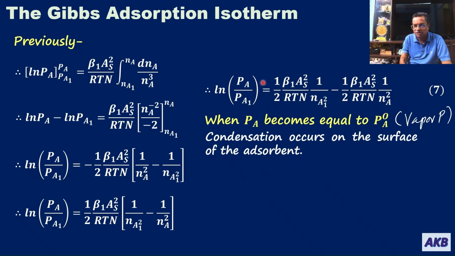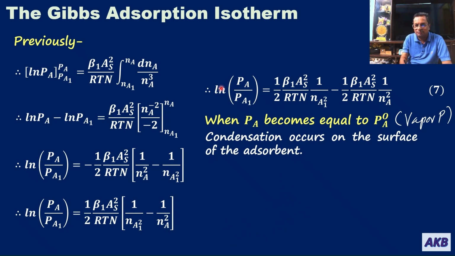In order to make the equation useful, I would like to have Pa naught in equation number 7. So in order to get Pa naught in equation number 7, what will I do? I will add one term on each side. What is that term? ln of Pa by Pa naught.